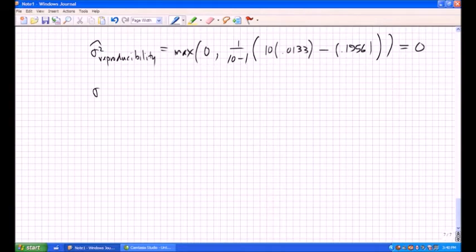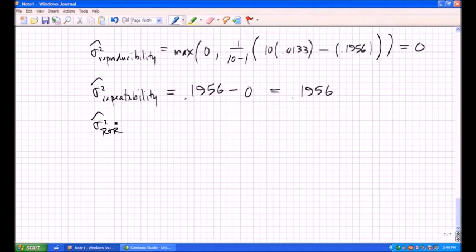So from that first part, my estimate of reproducibility variance is 0, and that means that my estimate of repeatability variance is going to be the difference between this 0.1956 value, the average p-hat times 1 minus the average p-hat, and 0, so it's just 0.1956, and the sum of those two things is sigma hat R and R, that is 0.1956. Now, what does this say?